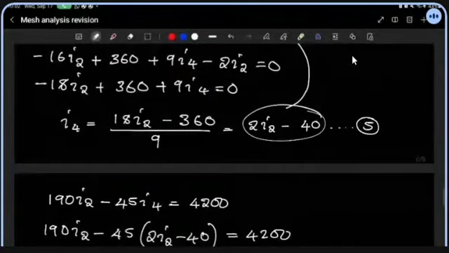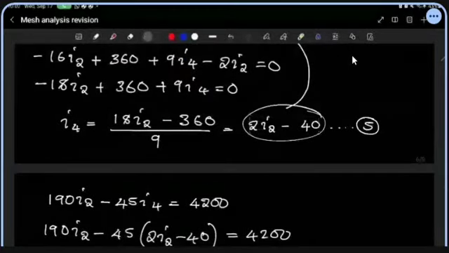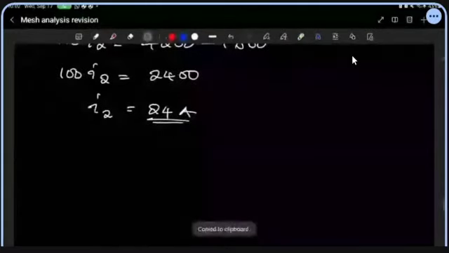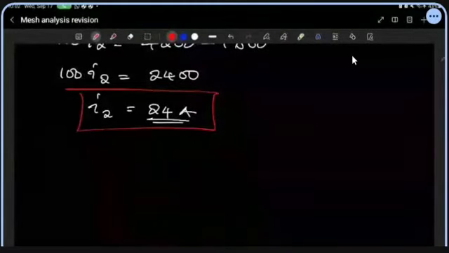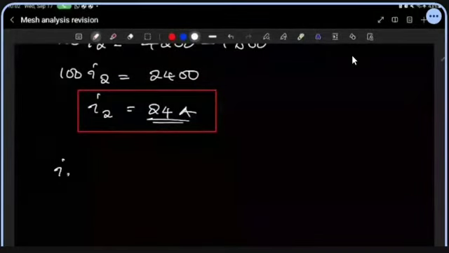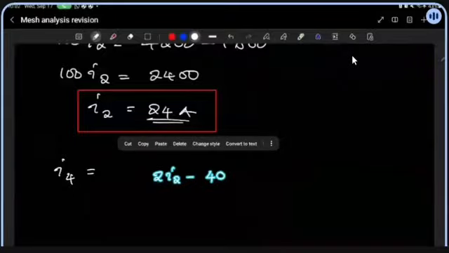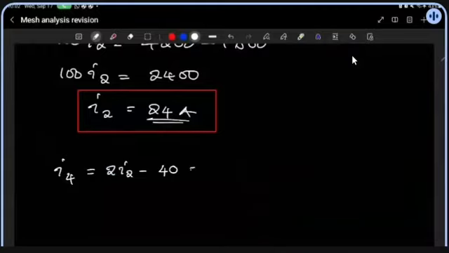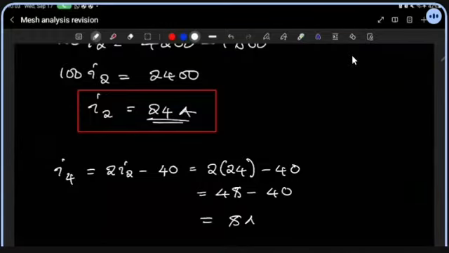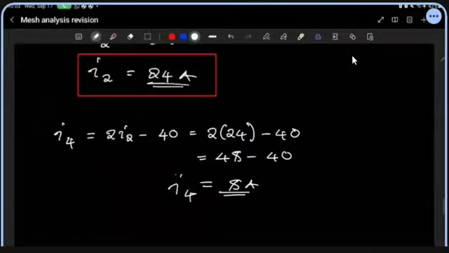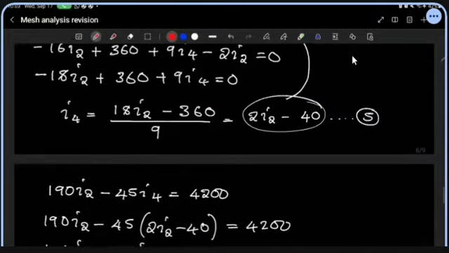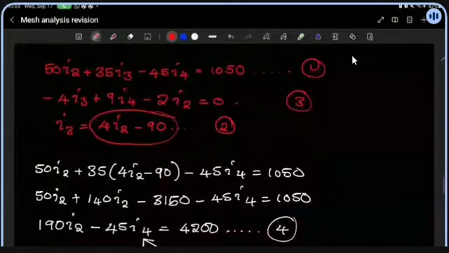Now we can get I4. We saw that I4 was equals to this. So where there's I2, we'll now put 24. This will be 48 minus 40. 8 amps. Again, we go back. We made I3 the subject of the formula here.